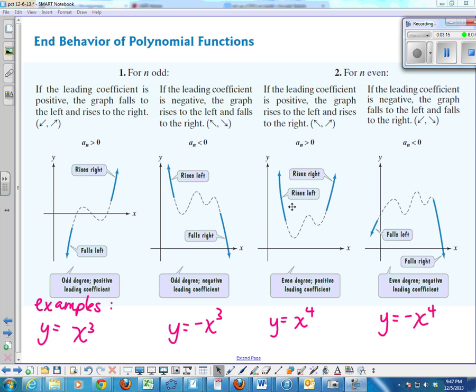For even powers, so n is even here, this is to the fourth power. For all even powers, both ends rise or both ends fall. And which of these it is depends on the leading coefficient. So these are even powers: leading coefficient positive, both ends up; leading coefficient negative, both ends down.